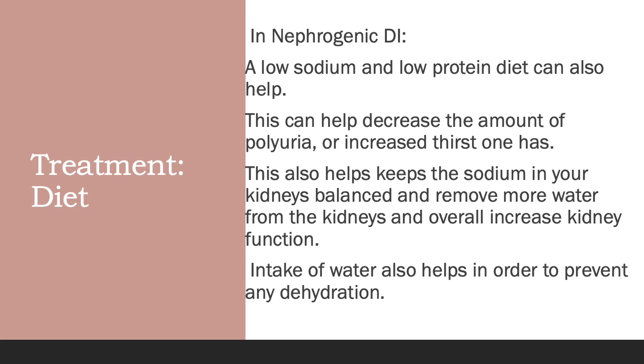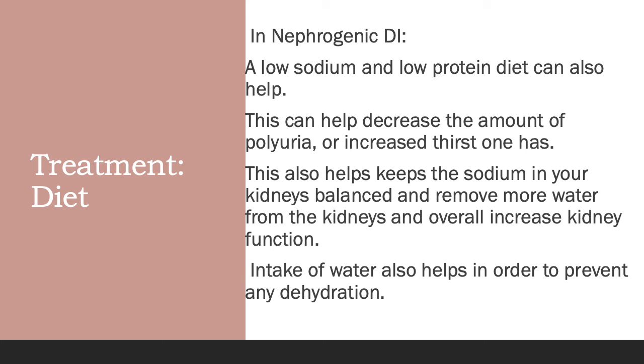And then also for nephrogenic diabetes insipidus, what they can use as a treatment plan is a low sodium and a low protein diet. This can help decrease the amount of polyuria or increased thirst. And I believe it could also decrease the amount of urine because you're not drinking as much.